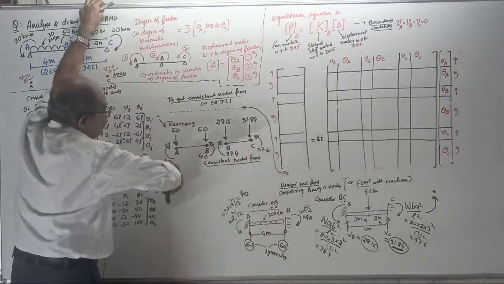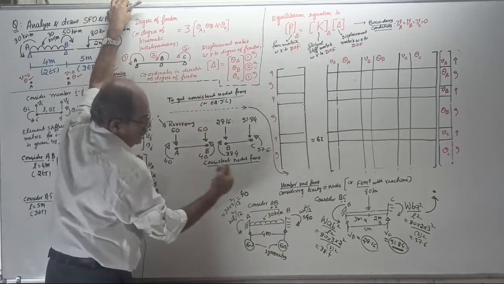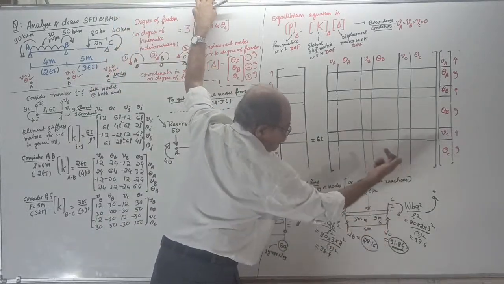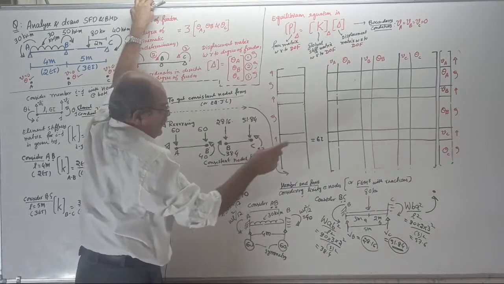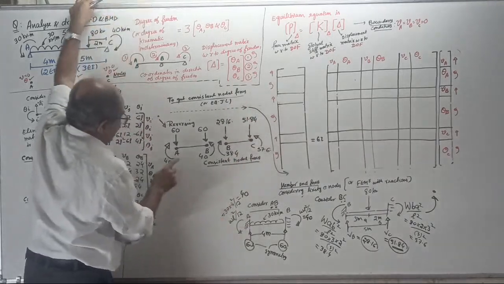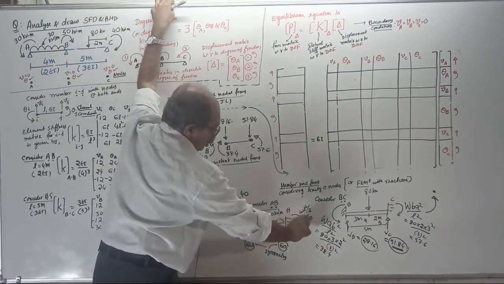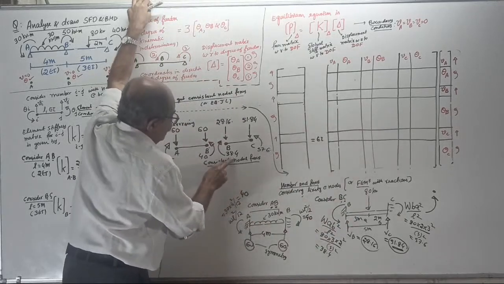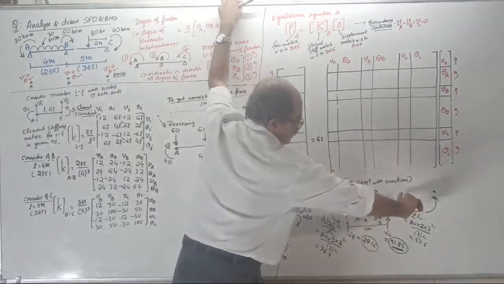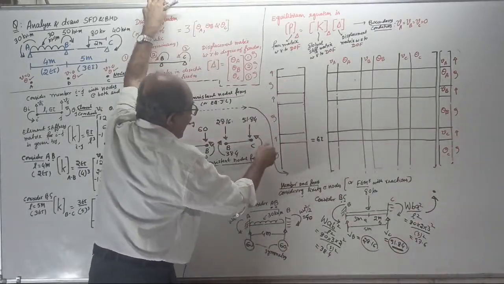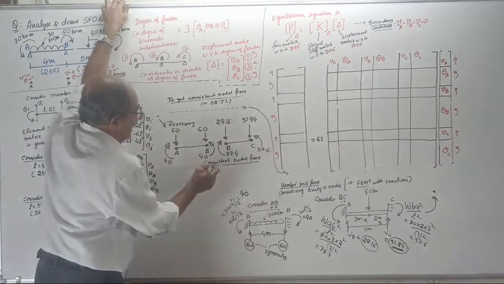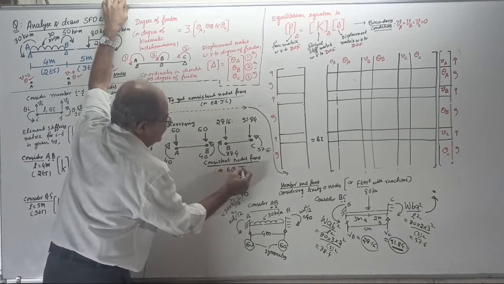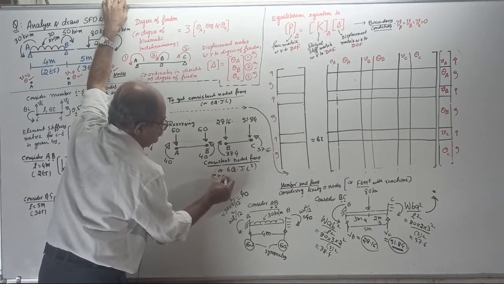Up 60, down 60, up 60, down 60, up 28.16, down 28.16, up 51.84, down 51.84, anti-clockwise 40, clockwise 40, clockwise 40, anti-clockwise 40, anti-clockwise 38.4, clockwise 38.4, clockwise 57.6, anti-clockwise 57.6. These are the consistent nodal forces or equivalent joint loads at nodes.